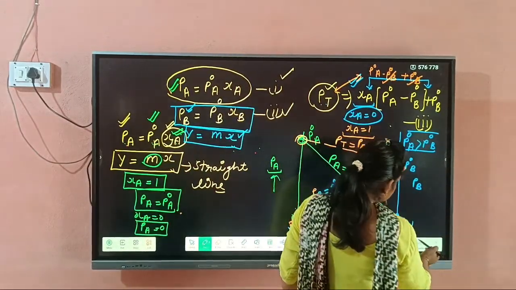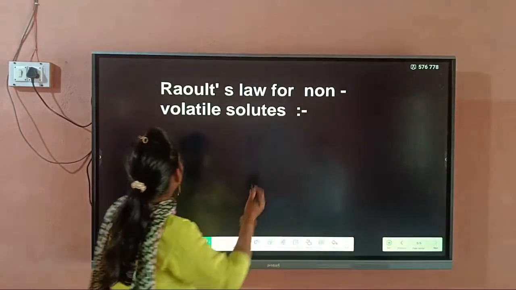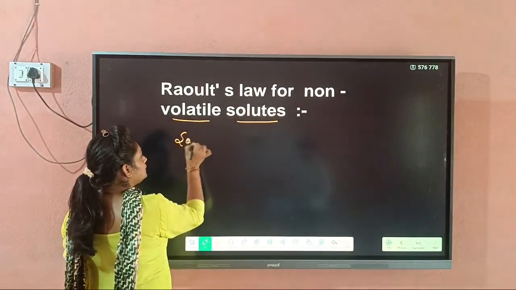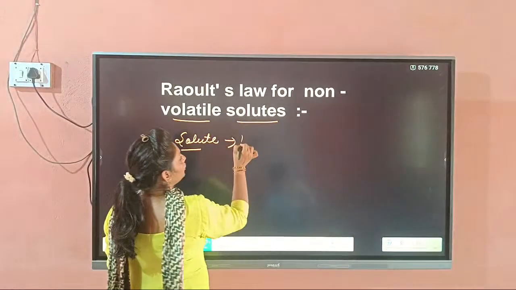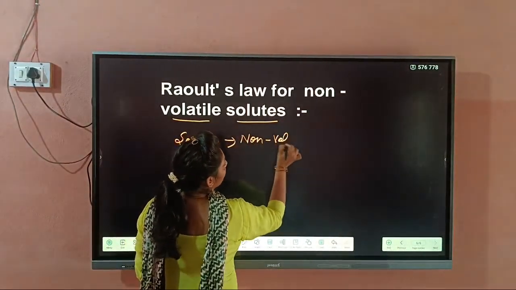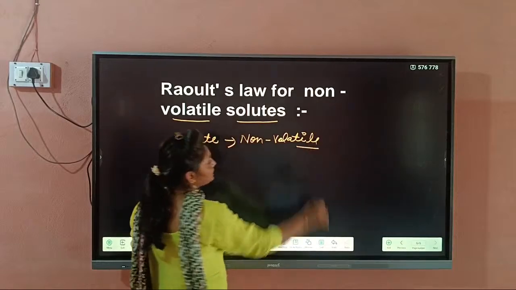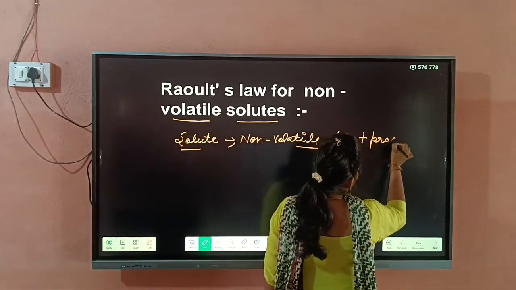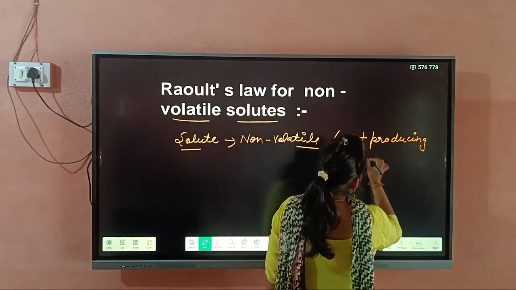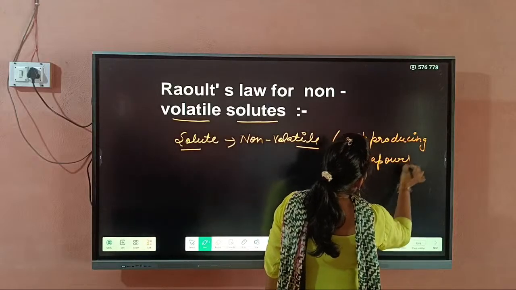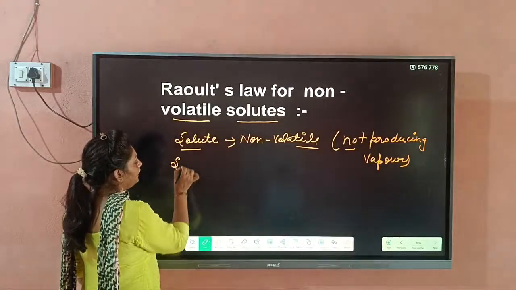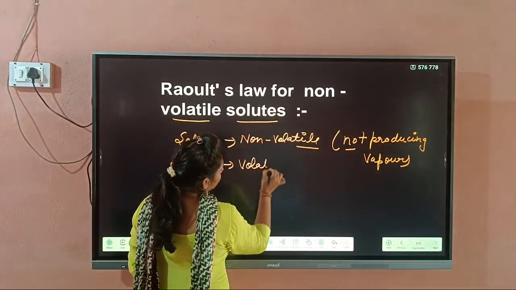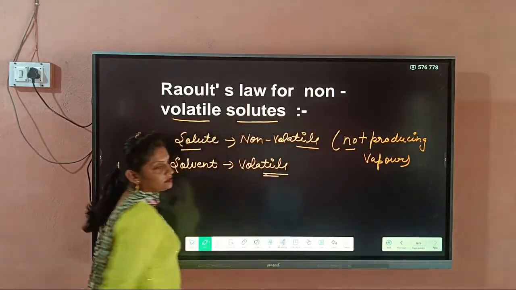Now we will discuss Raoult's law for non-volatile solutes. If solute is non-volatile, means solute is not producing vapors. And here we will take solvent is volatile, means it is exerting vapors.